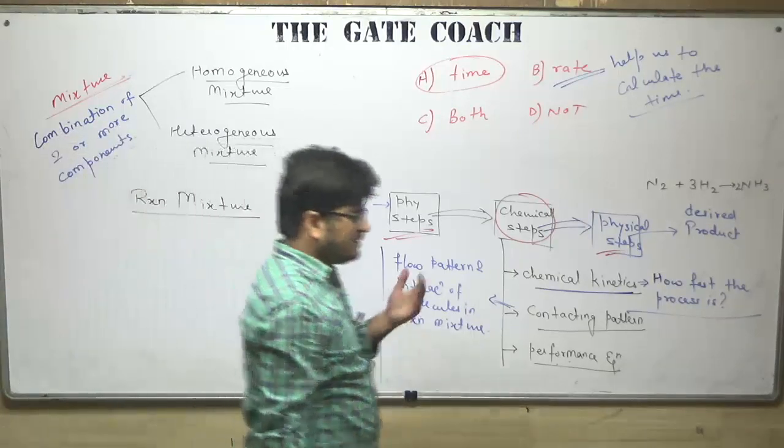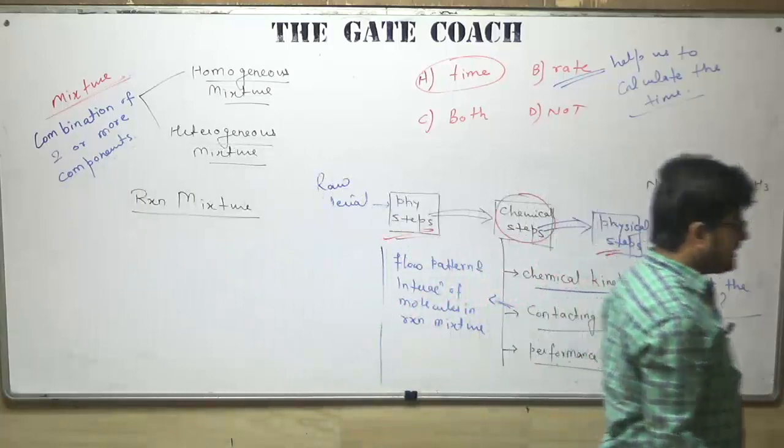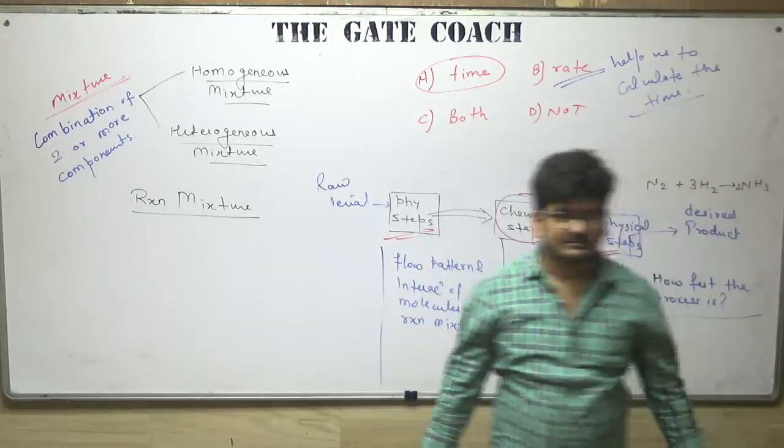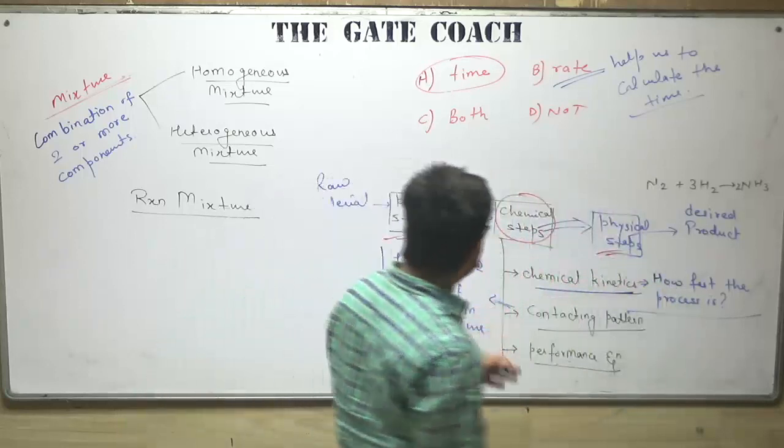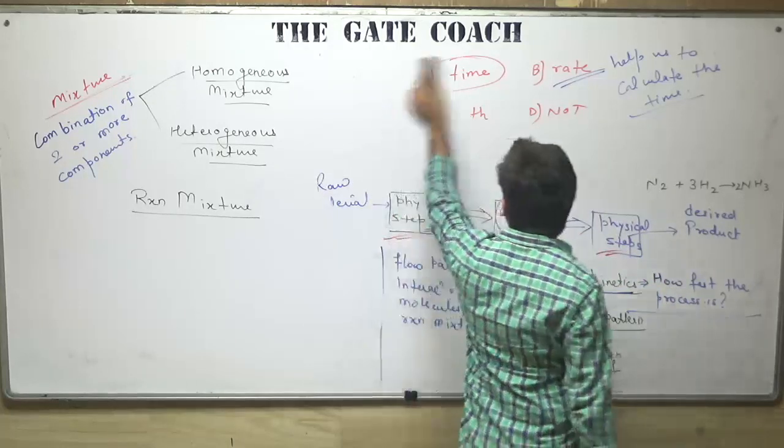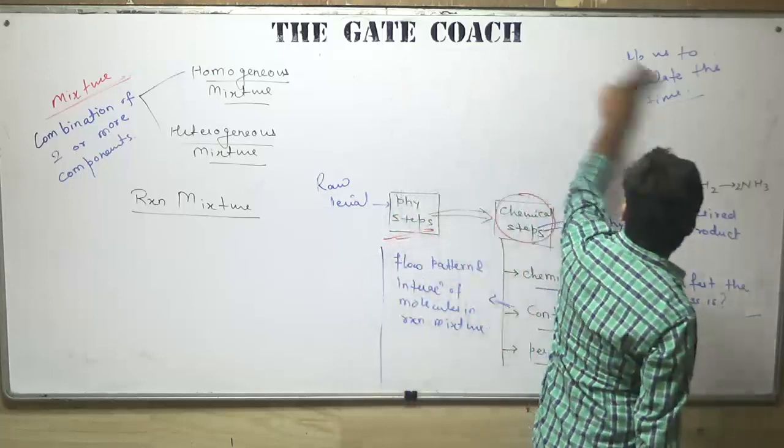So, what is homogeneous mixture, guys? In one line. Okay, I don't want to write the essay. Just answer this in one line. How will you define this term, homogeneous mixture?